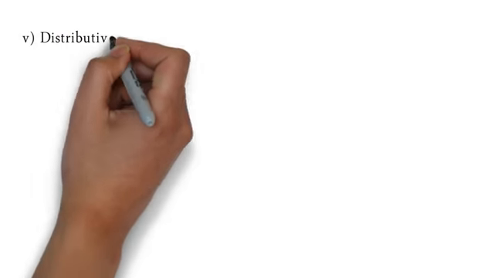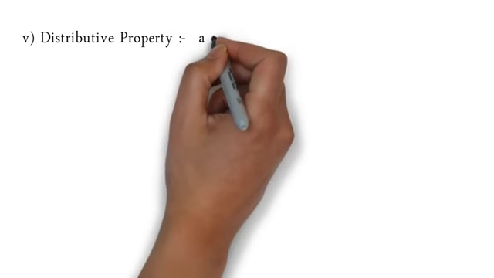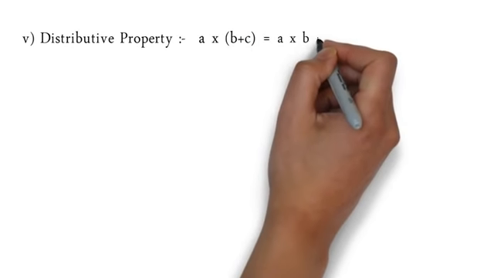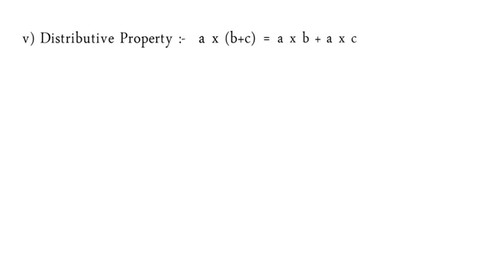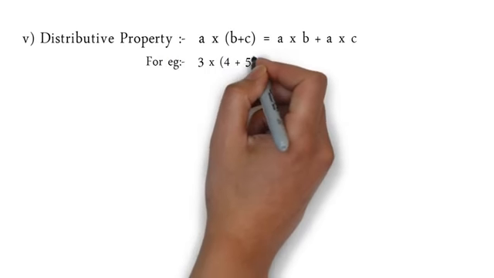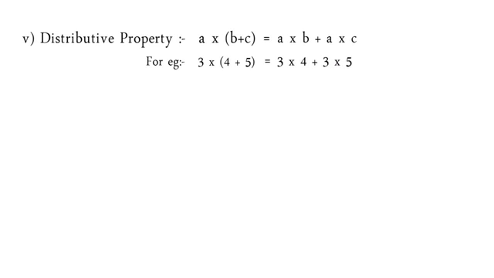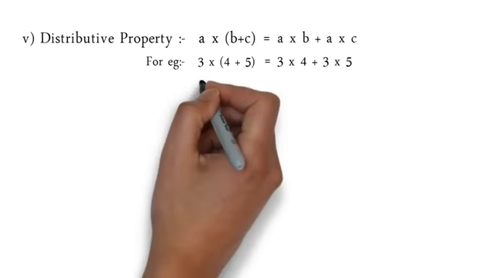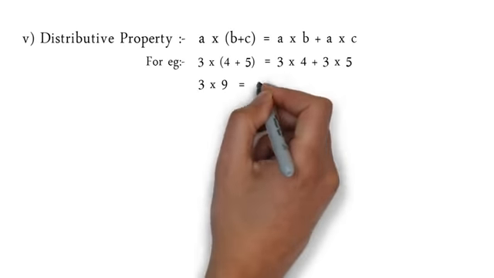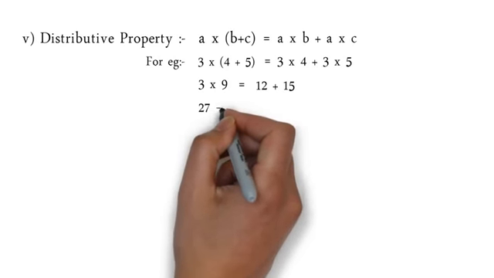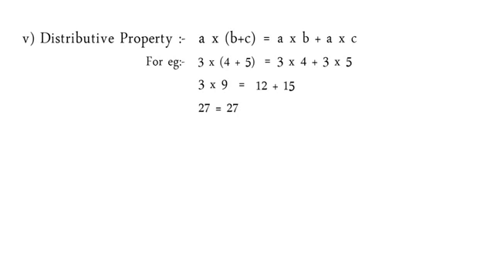Fifth, distributive property. a into (b plus c) is equal to a into b plus a into c. For example, 3 into (4 plus 5) is equal to 3 into 4 plus 3 into 5. Therefore, 3 into 9 is equal to 12 plus 15, which is 27 is equal to 27.